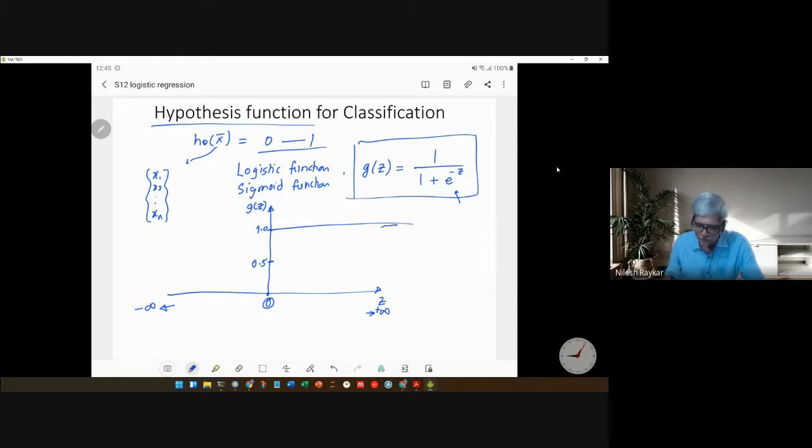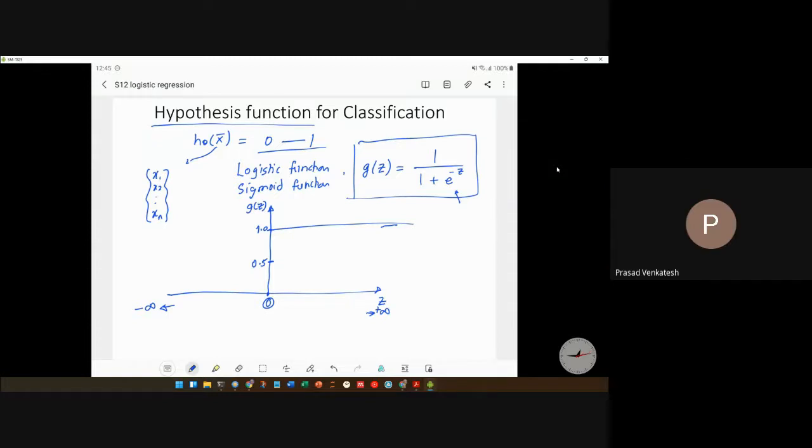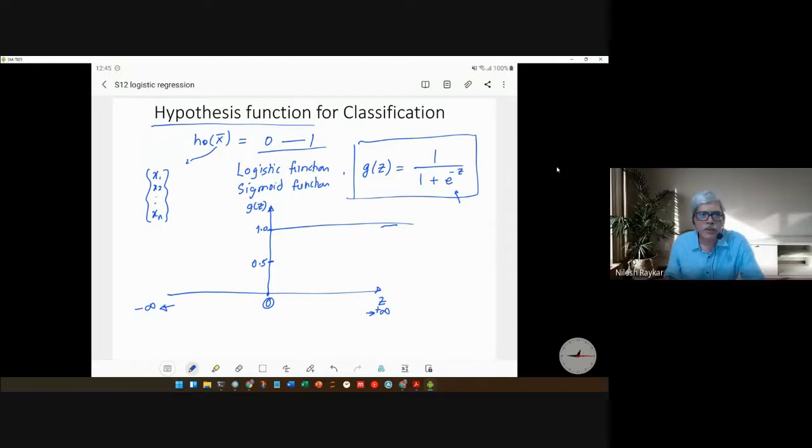And what happens when z approaches minus infinity? The denominator becomes 1 plus e to the power minus of minus infinity, that is 1 by infinity, that is 0. So when the z value is negative, it approaches the value of 0.